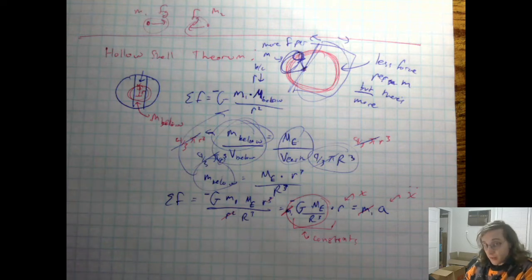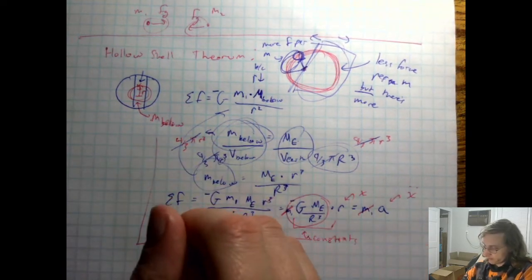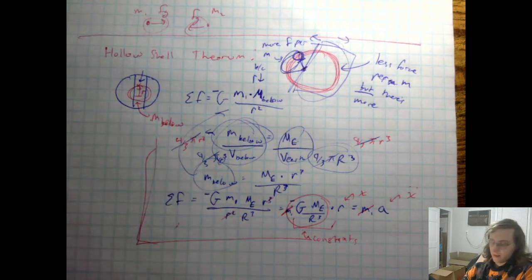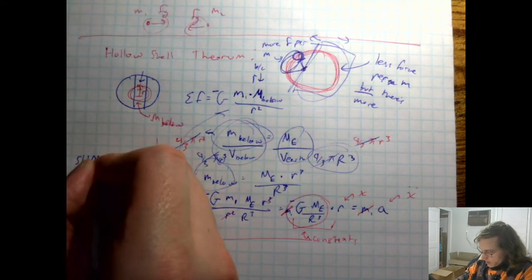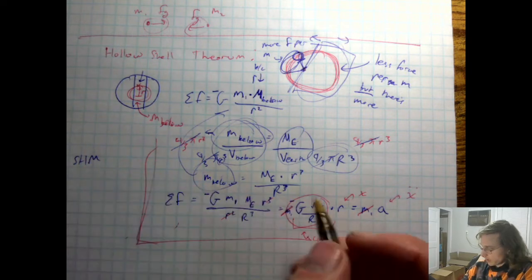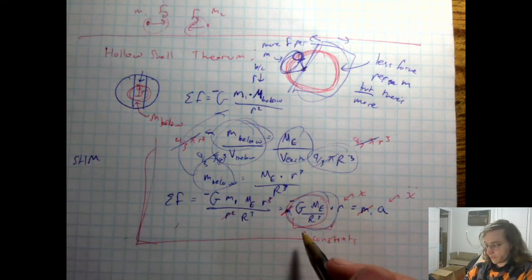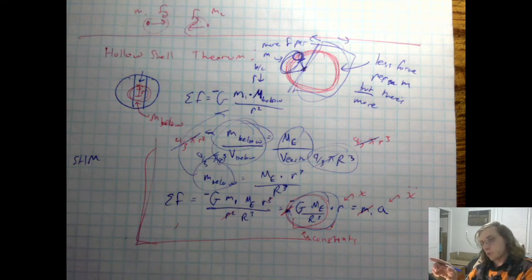So if we set up our simple harmonic oscillator equations, we'll get something where, once again, this constant that's out front is going to be the square root of the thing that's in front, and it will be what's inside our trig functions.